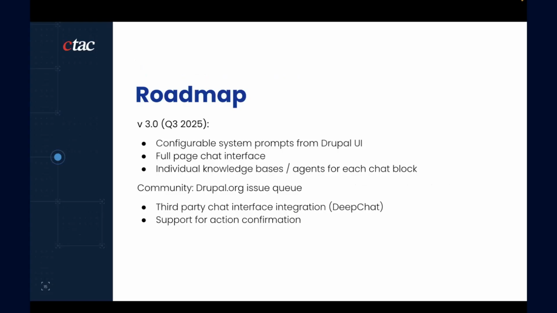And then a couple things you'll see in the future. As I mentioned, the configurable system prompts in the UI. We will have the full page chat interface, so if you don't want to have just a small little pop-up, you can have a full page chat. As I mentioned as well, individual configuration, so you can point to knowledge bases or agents for each individual block.